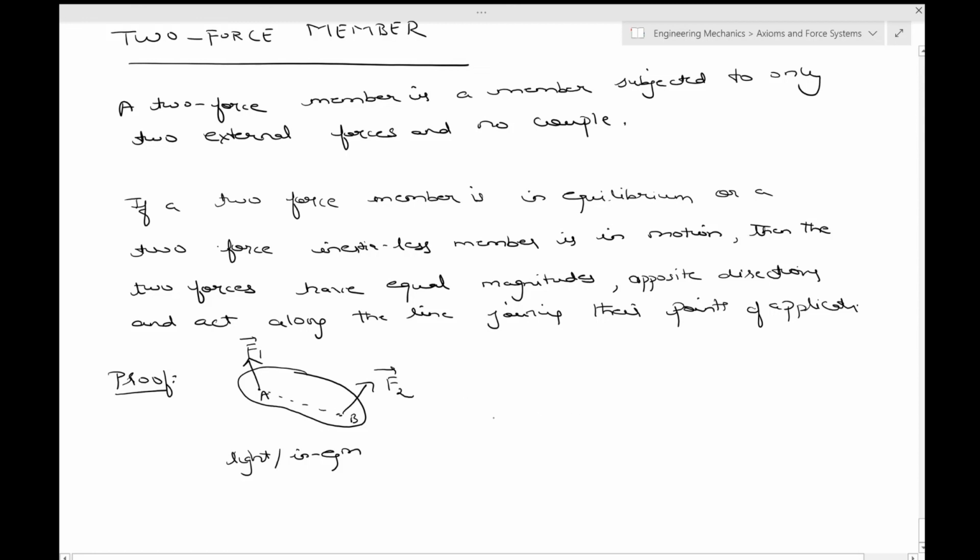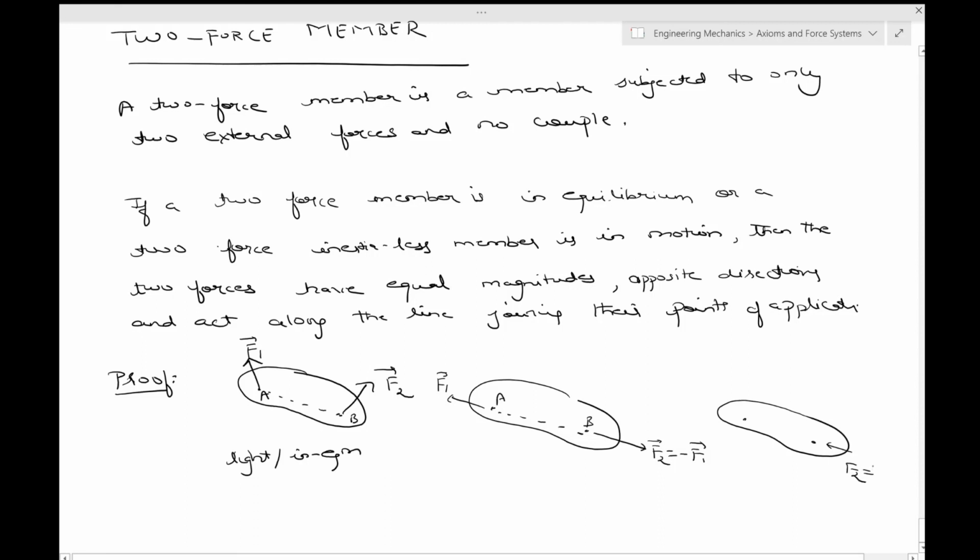Similarly, it's the same body, again and again I'm saying this, this is F2 and minus F1, and clearly F2 is equal to minus F1.